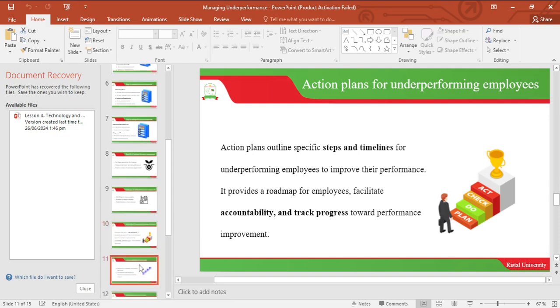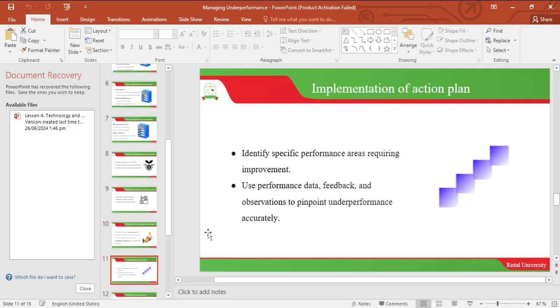So some of the strategies of implementing the action plan: you need to identify specific performance areas requiring improvement. Okay? Like I told you from the beginning, someone can be good in certain areas but lacking somewhere. So as a manager, you need to identify such areas so that you can tailor the training program to improve on the performance.